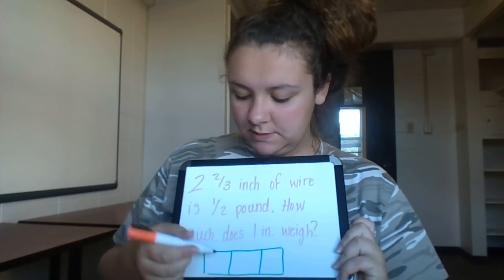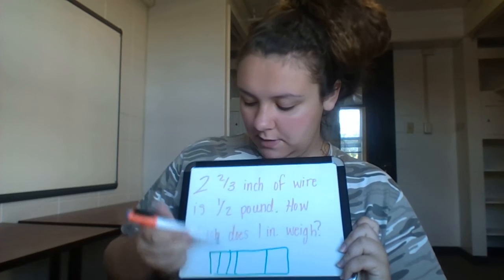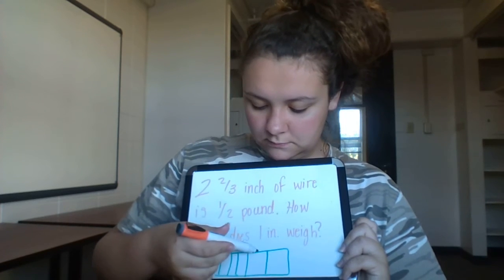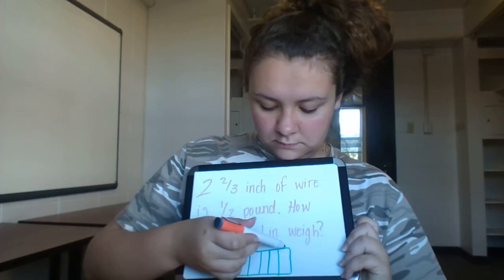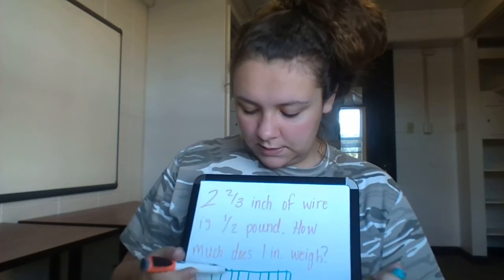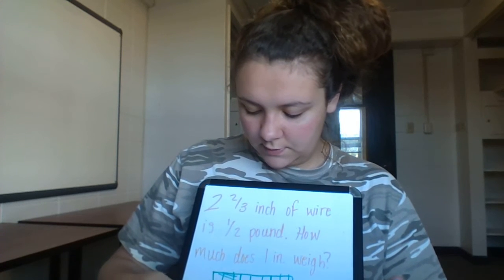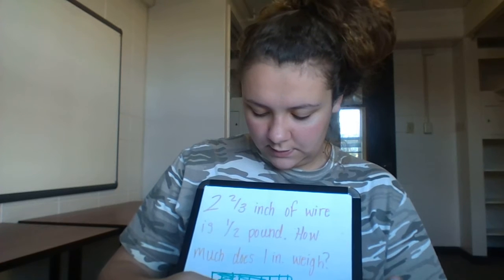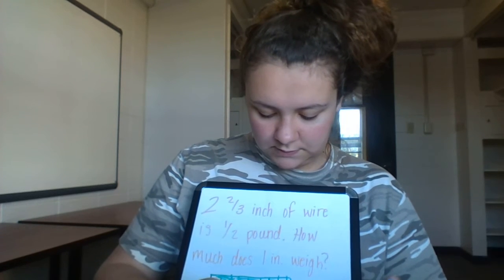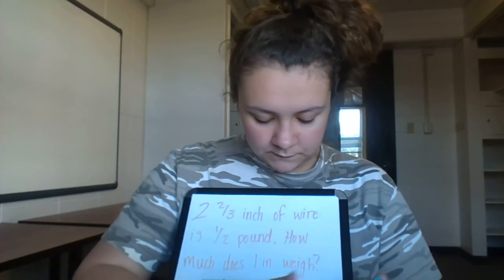So if we split it into thirds, because we do have 2/3, we know that this is all 1 inch, this is all 1 inch, and then this is used, and this is what's left over.